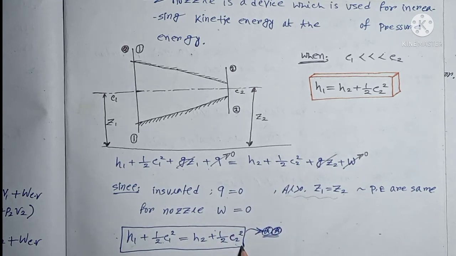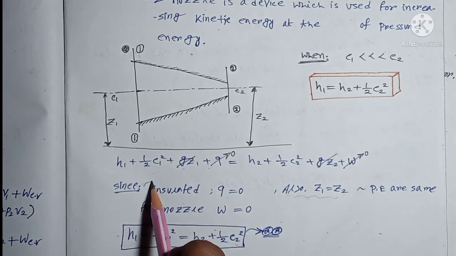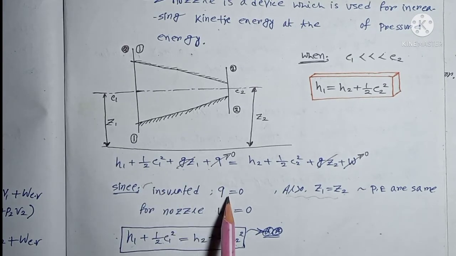Okay, so once again, whatever equation I am getting in case of the nozzle, by assuming these three conditions: first, insulated, meaning Q is equal to 0. For a nozzle we know that work W is equal to 0, and Z1 is equal to Z2, hence the potential energy is also the same, so they cancel out. So ultimately we are getting this one.